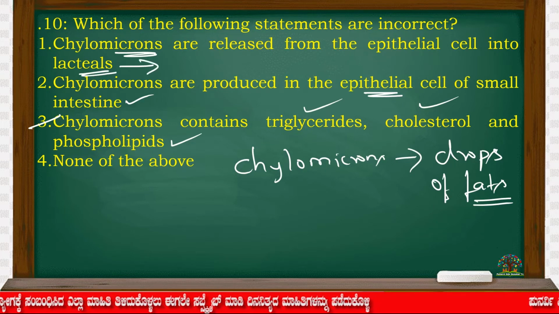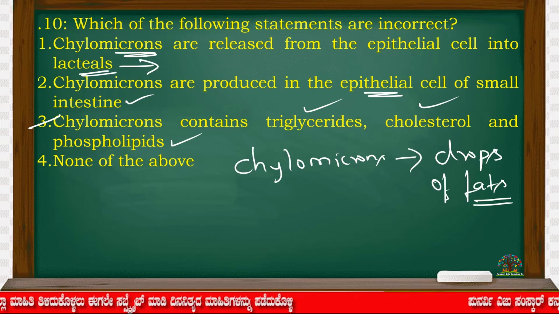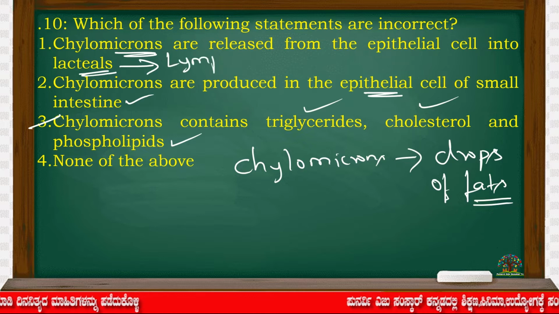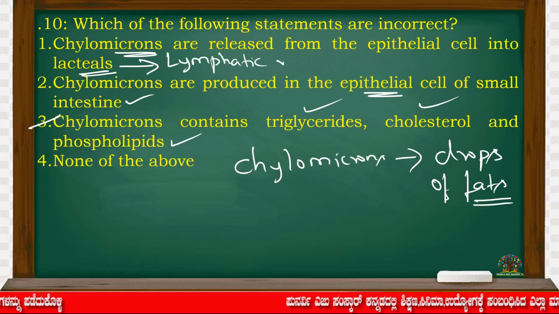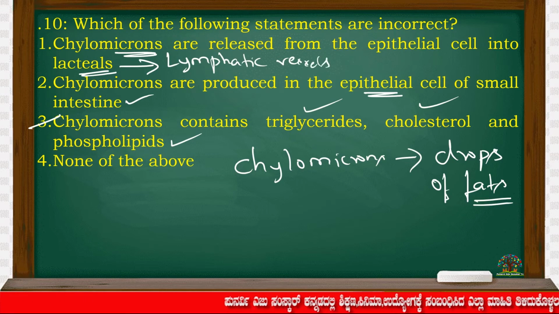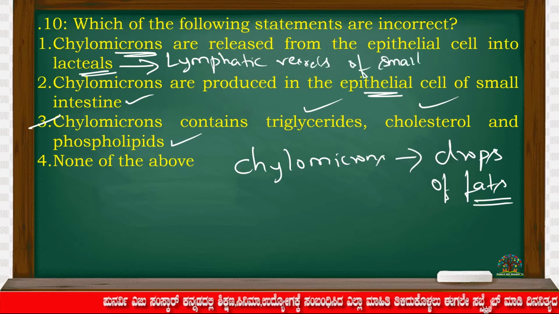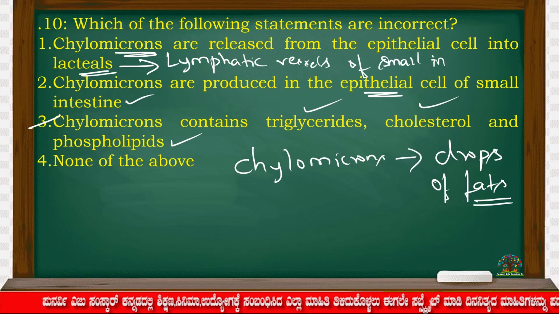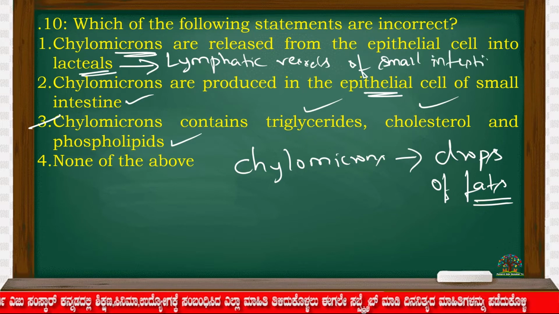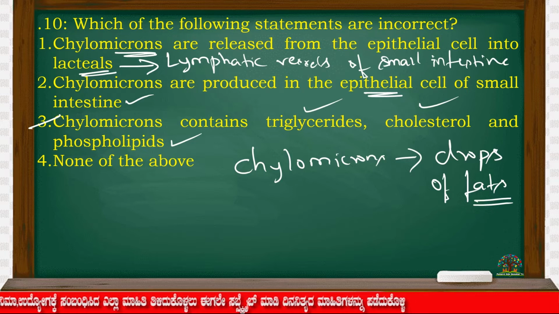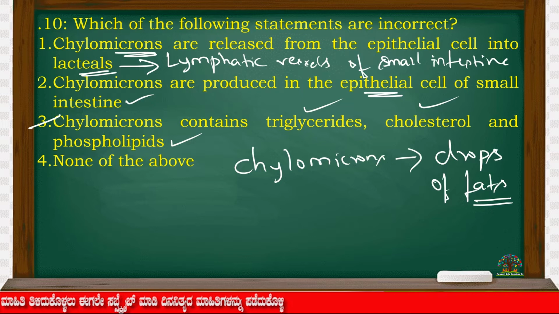So what are these lacteals? Lacteals are nothing but the lymphatic vessels of small intestine. So these chylomicrons are released from the epithelial cells of small intestine into the lymphatic vessels of small intestine.